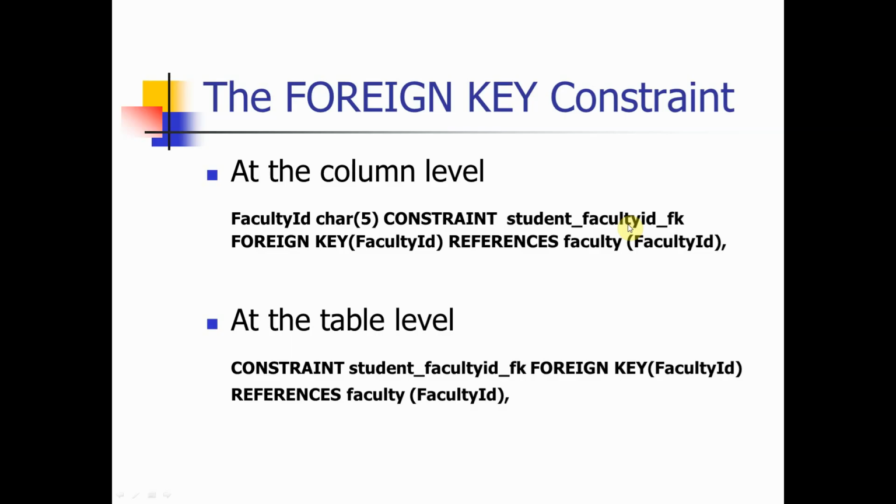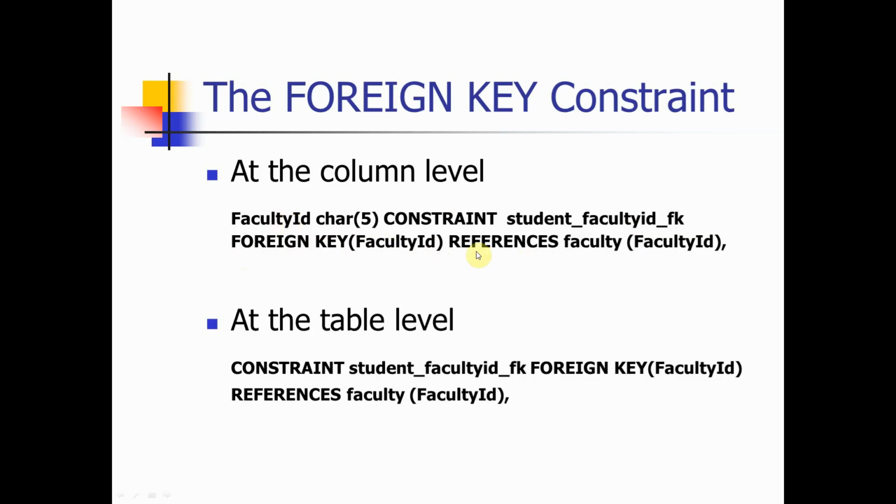And remember, this is only the name. The instruction given to the computer is as follows. For the computer to understand that you want to create a foreign key, you have to give the reserved words foreign key with a parenthesis indicating which attribute you want to use to create the foreign key.